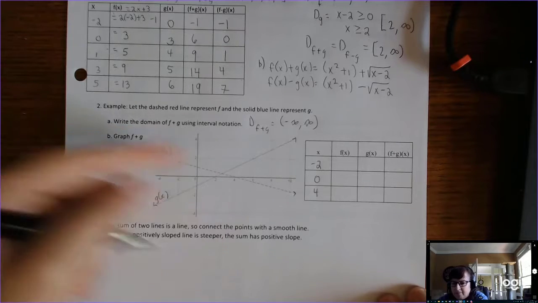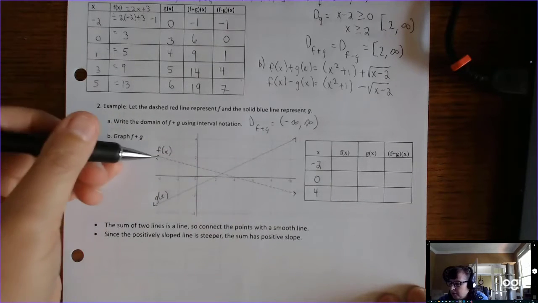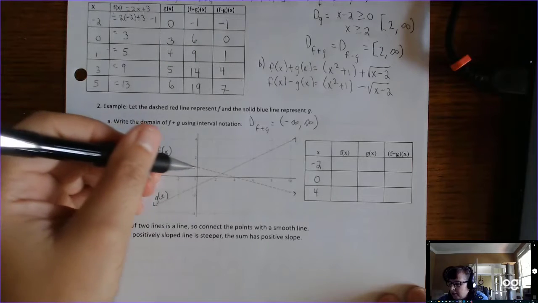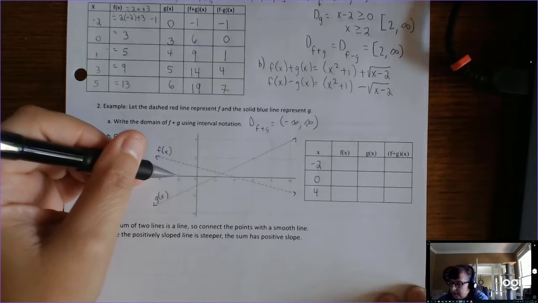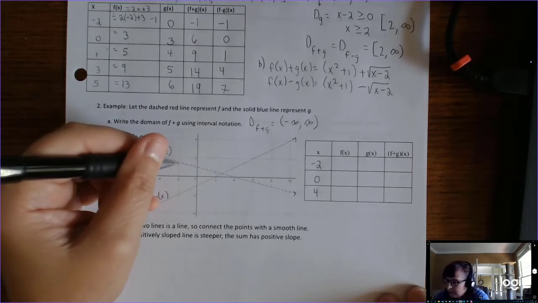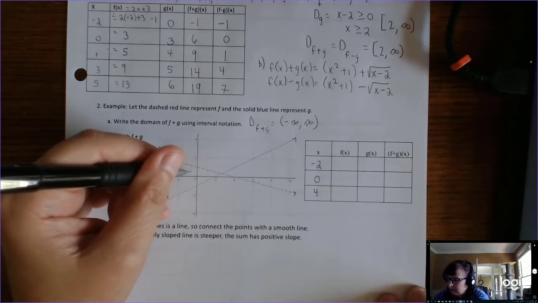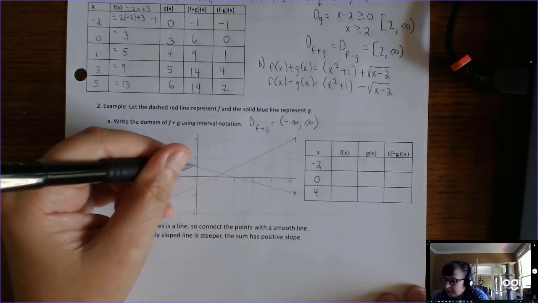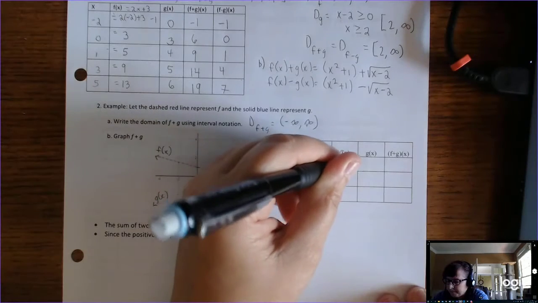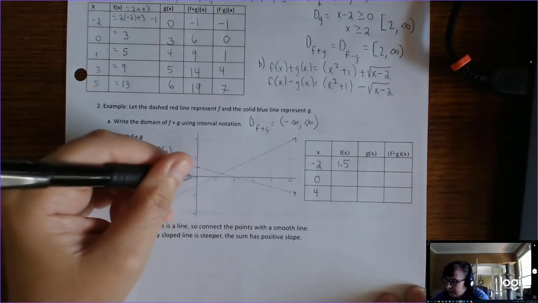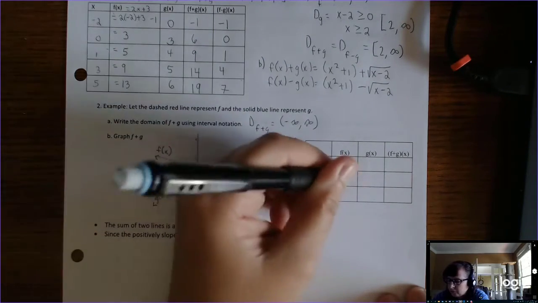Alright, now I've been known to make errors here, so just try to concentrate on one function at a time. So let's just look at the f. When x is -2, f seems to be 1.5, we'll say. And when x is 0, f is 1.